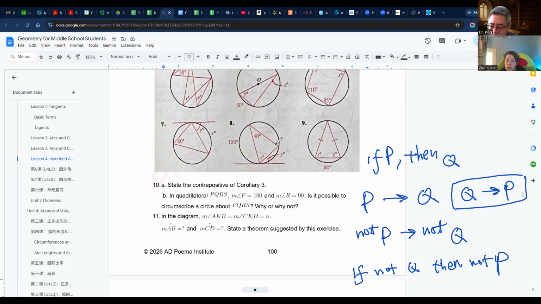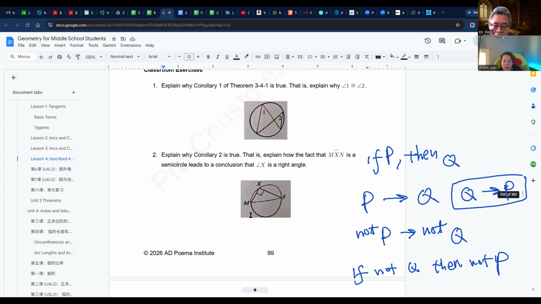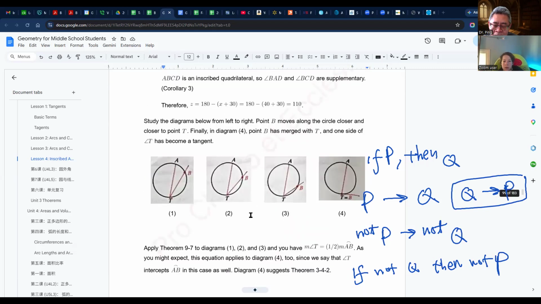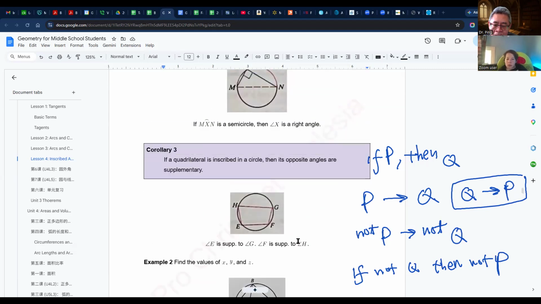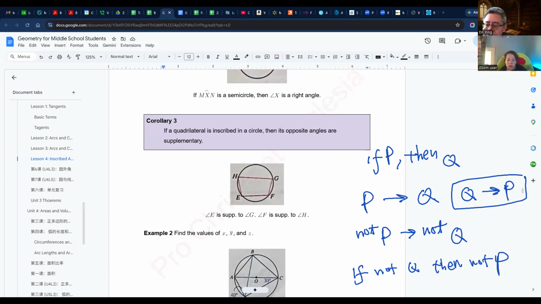Well, let's go back to Corollary 3 and see what it looks like. Corollary 3 says that if a quadrilateral is inscribed in a circle, which is our P, then its opposite angles are supplementary, which is Q. Okay, we got that.